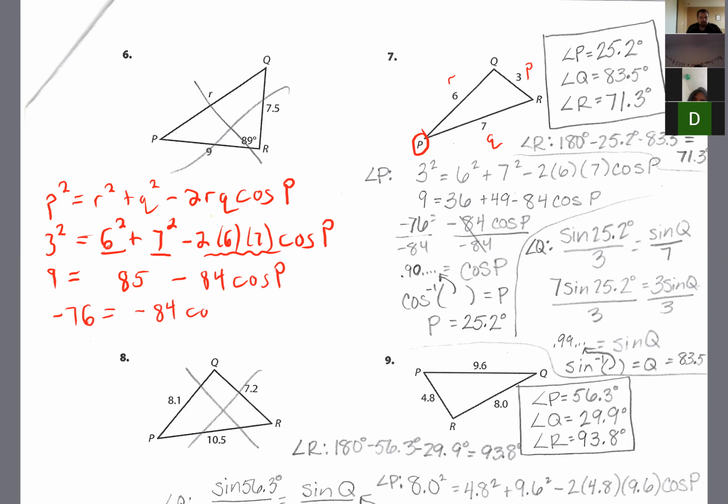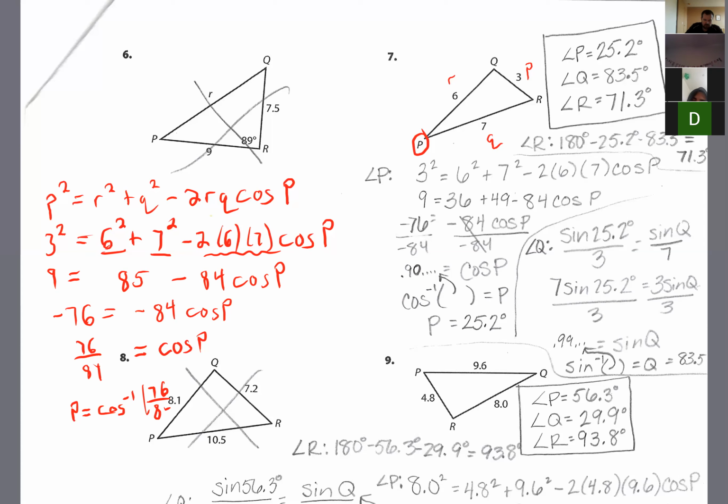Negative divided by a negative is going to be a positive. So I have 76 over 84 equals cosine of P. And then to solve for P, it's going to be the inverse cosine of 76 over 84.